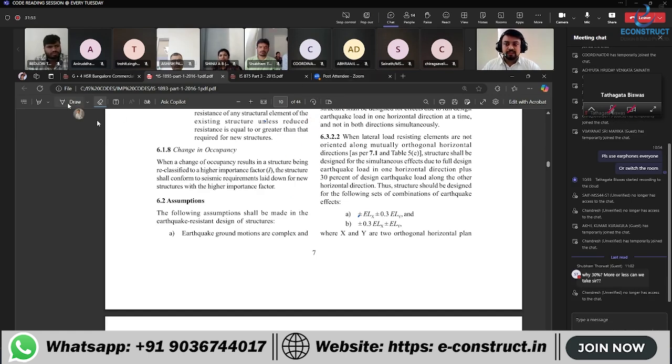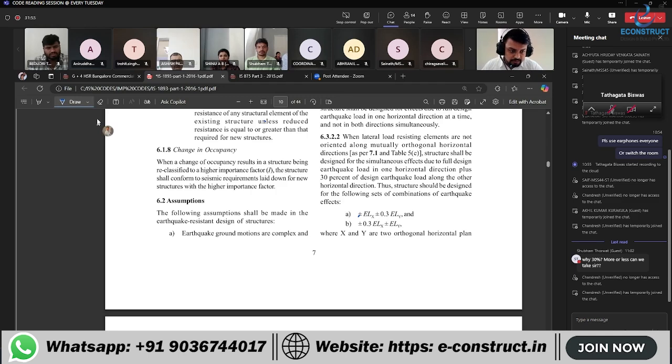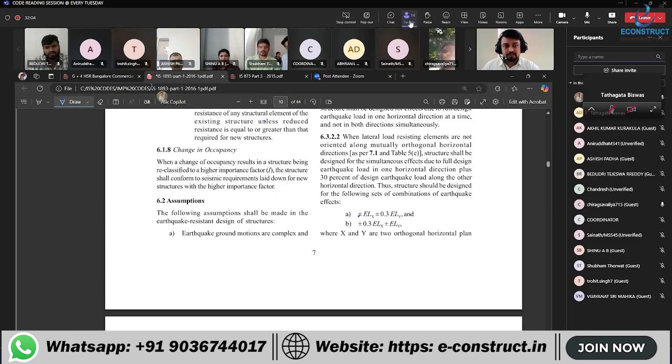Because if you make this 30% even 40% or 35%, or 25%, 20%, there will be a huge change that you may observe, right? Why a huge change? Because this particular component creates a specific force in that direction as well, which may sometimes cause failure in certain vertical elements.